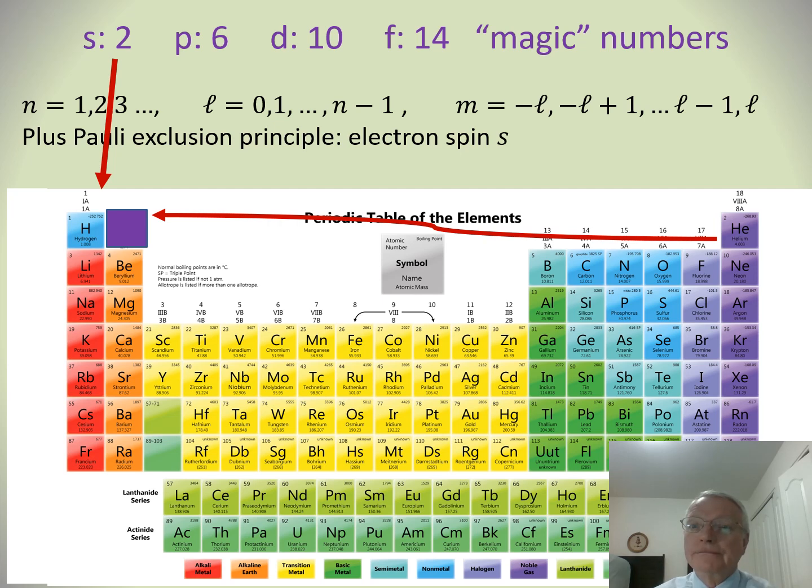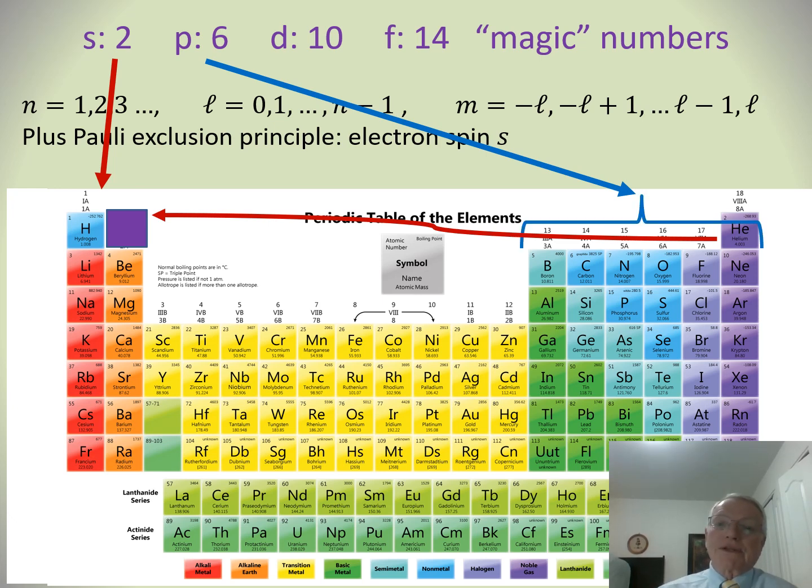And so it's traditional to put it over there because it's chemically similar to neon, argon, and krypton. Okay, that's the n equal 1 row. You have hydrogen, 1 electron, helium, 2 electrons, in the n equal 1, L equals 0 state.